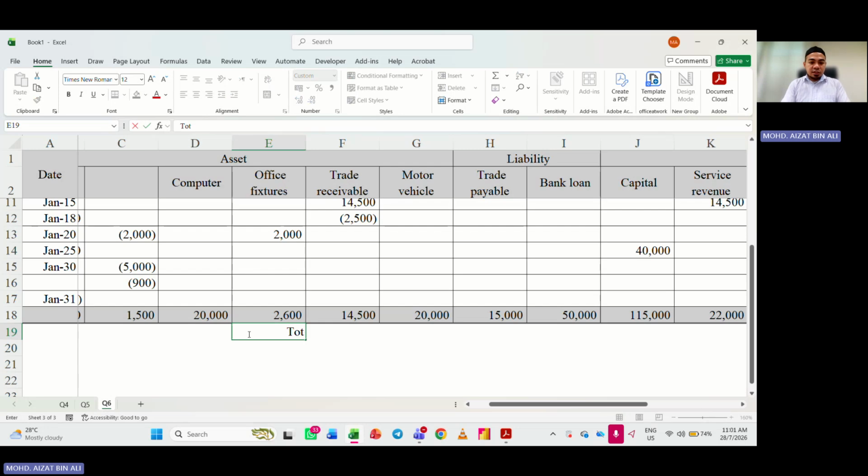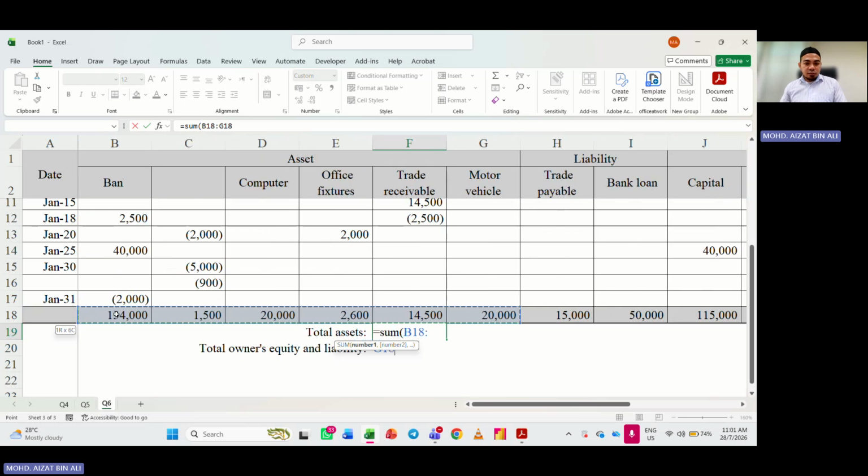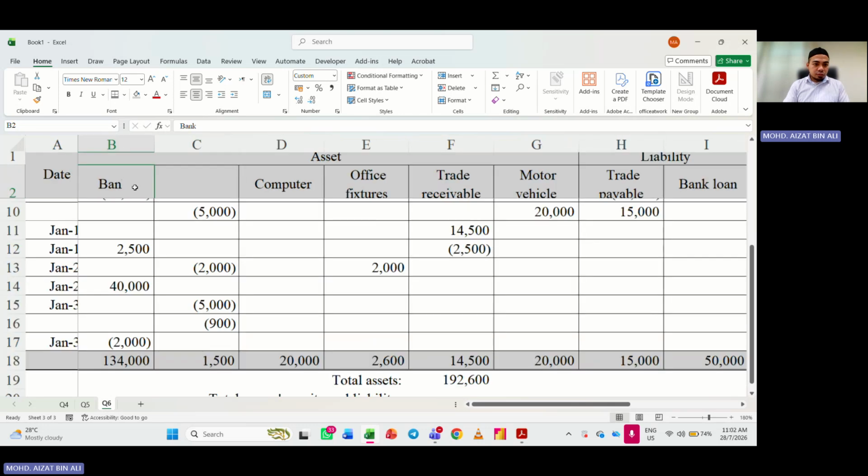So the total assets is, and also we have our total owner's equity and liability. For the total assets, we're going to summarize the total from bank to motor vehicle, and the amount is 100.